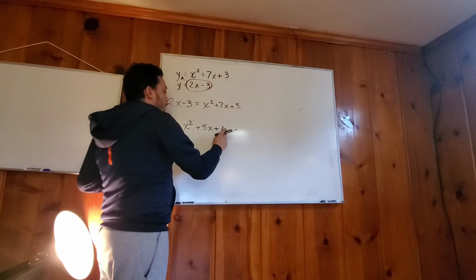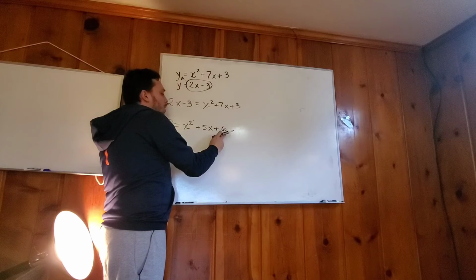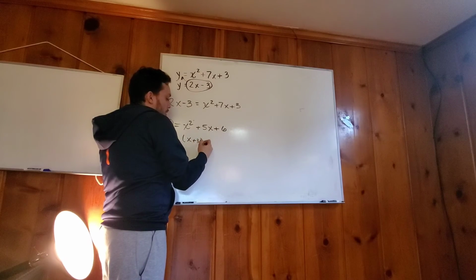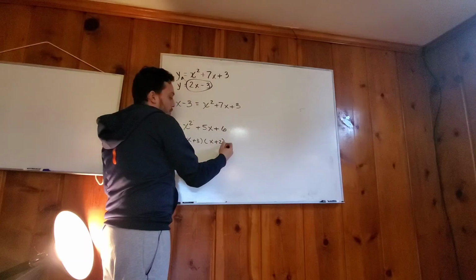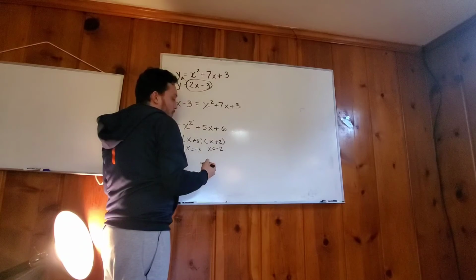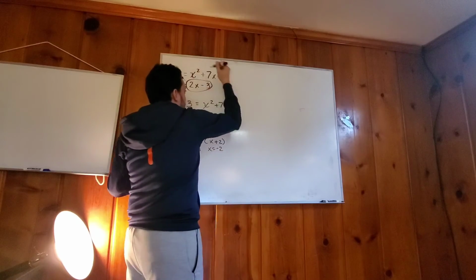Okay? To get 6, I use 3 times 2 because it's positive and positive, so it's going to be (x plus 3)(x plus 2). X equals negative 3, x equals negative 2. And we're going to use that again in this equation.